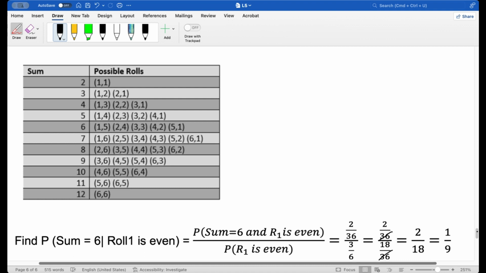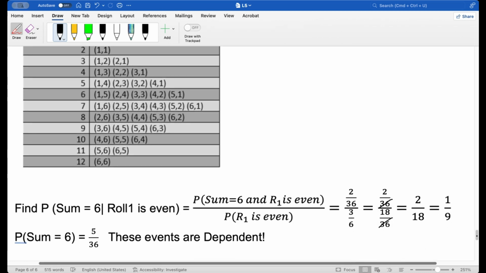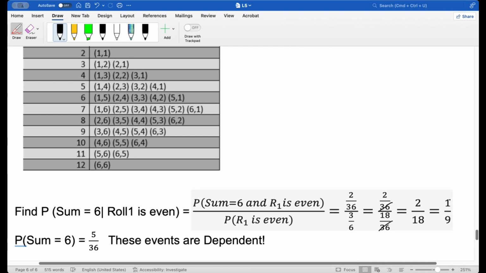Now, how does that compare to the probability that the sum is 6? Excuse me, it's going to be 5 out of 36. There are 5 ways to win out of 36 total. These numbers are not the same, so these events are dependent.